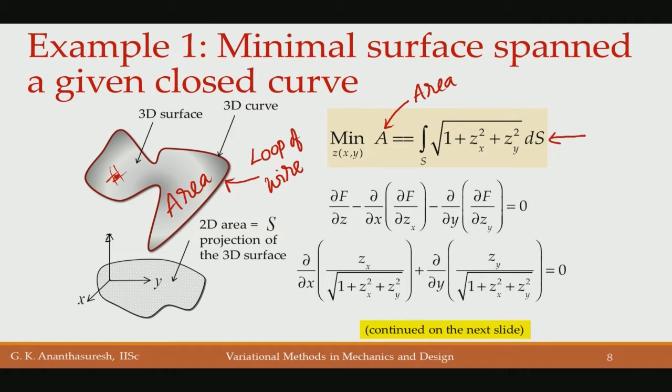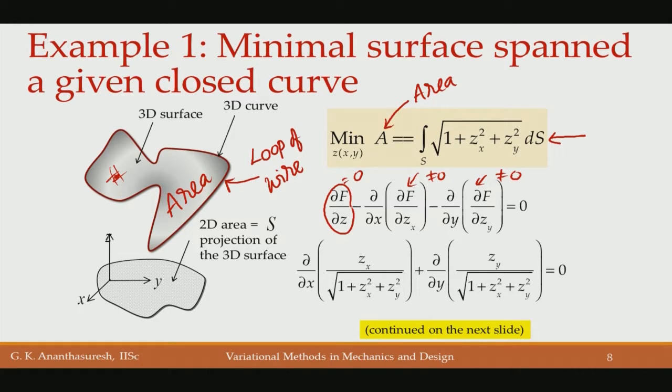When we have this expression of minimizing area, you can see that the integrand now depends on z sub x, z sub y. Z does not appear here, but that does not matter, we can still apply it. It is just that in this problem this term is equal to 0, whereas these are not equal to 0.